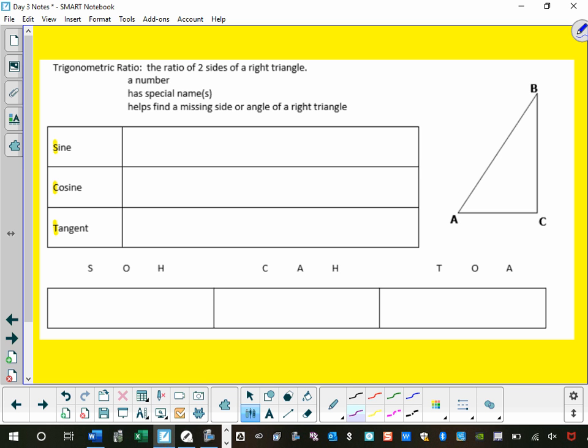Alright, so sine means, and just write this down for now, that we have the opposite over hypotenuse. Your cosine is adjacent over hypotenuse.